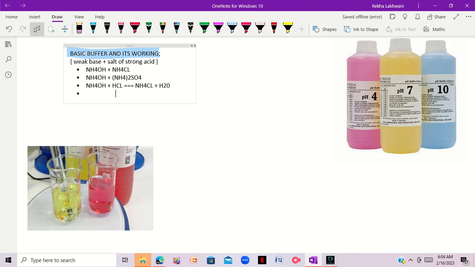The concentration of hydrogen chloride must be less, so it can easily cancel.